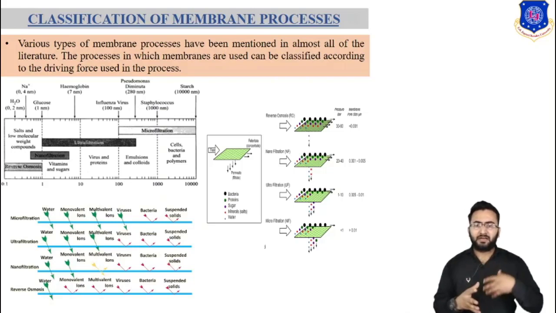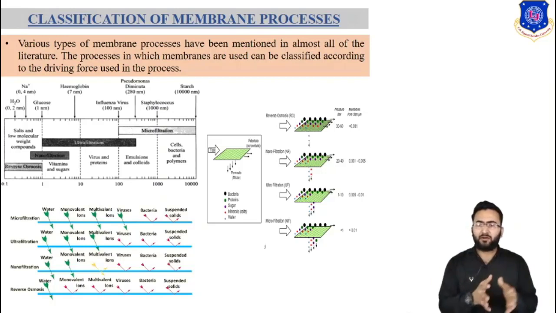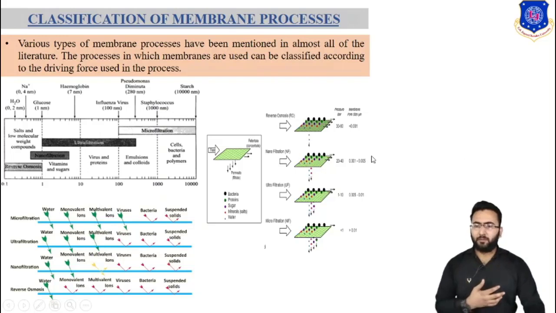Microfiltration is a clarification process that separates molecules and particles on the basis of size and solubility. It is essentially a filtration with pores of 0.1 to 10 micron, so small that microorganisms cannot pass through them. So this is all about the classification of membrane separation processes.